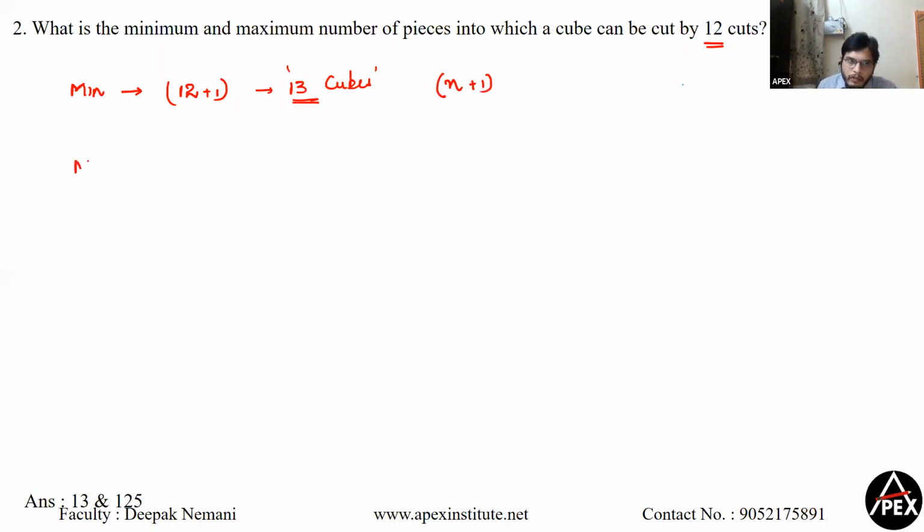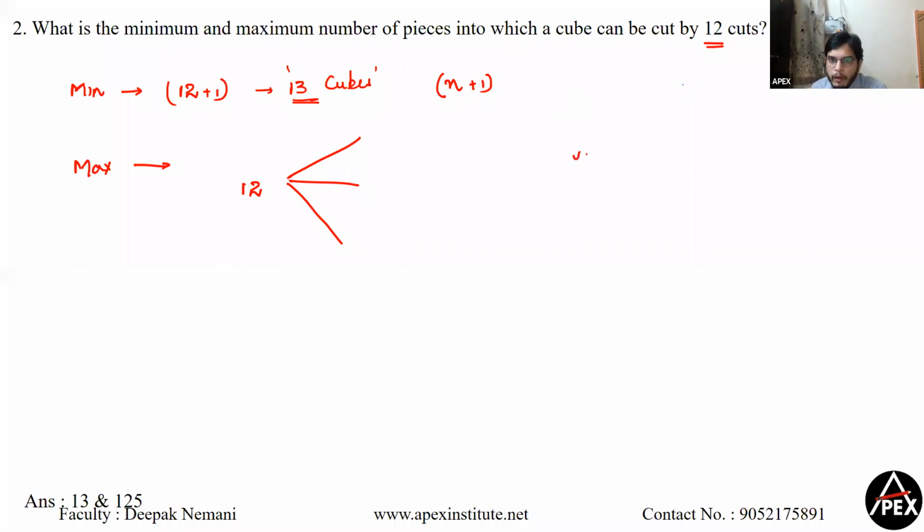Now maximum. When will we get the maximum number of pieces? When we distribute these 12 cuts into 3 directions. In algebra, there is an identity.